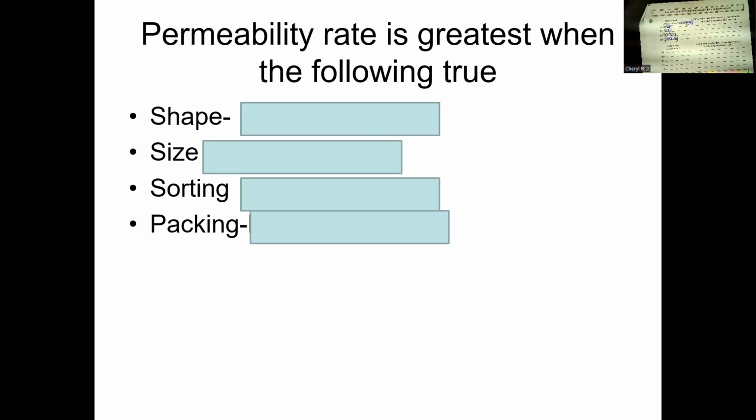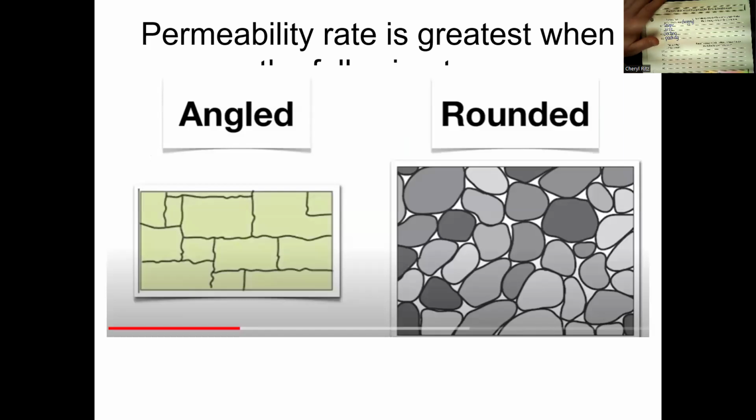What shape particles do you think, round or angular, will water be able to flow through faster? Round. So we've got angular, if you notice here, they fit together nicely. The round doesn't fit together good, creating a pathway. I like to think of this pathway as hallways.